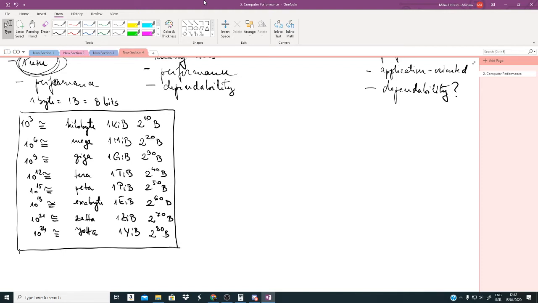Because when we talk about the performance of computer systems, we are measuring a lot. So we need the right measuring sticks, right? So let's talk a little bit about what is performance.